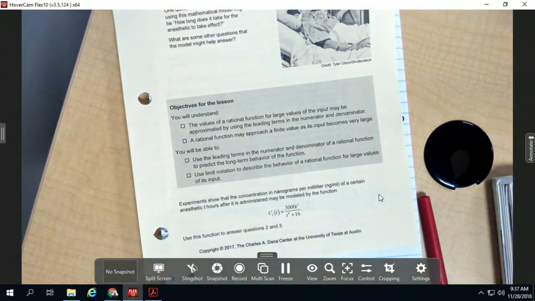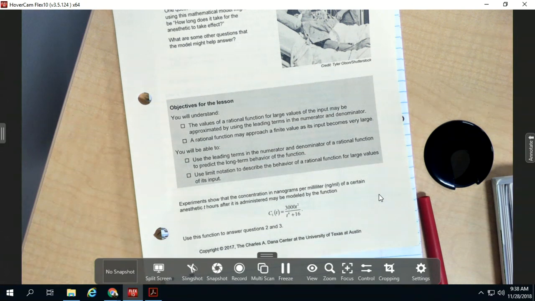Part A. We're going to talk about the short-term behavior of the function. A. The patient is considered to be under full sedation when the concentration is above 250 nanograms per milliliter.